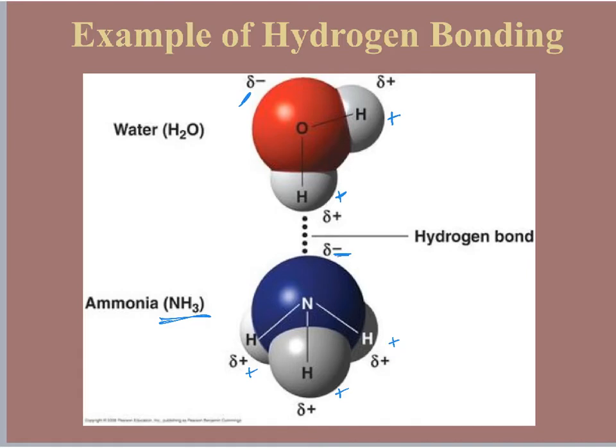And so if you were to mix ammonia with water, then hydrogen bonds can very easily form between water and ammonia, but they're very weak, and they aren't going to create molecules. They really just create attractions between molecules.